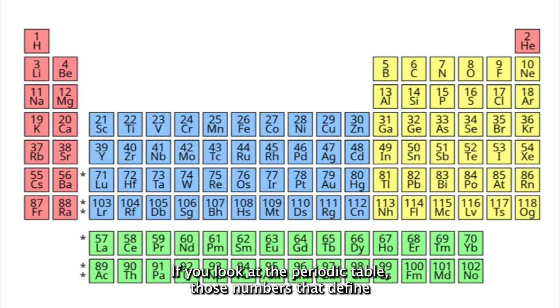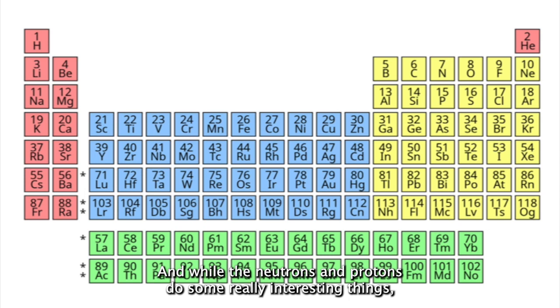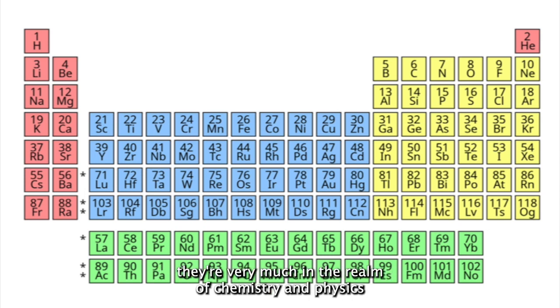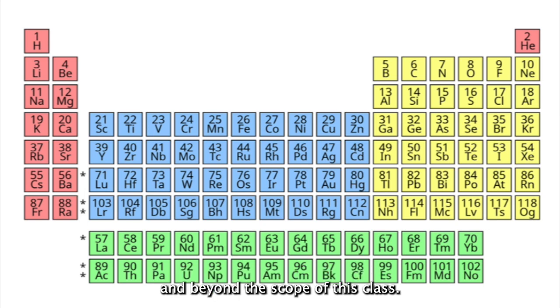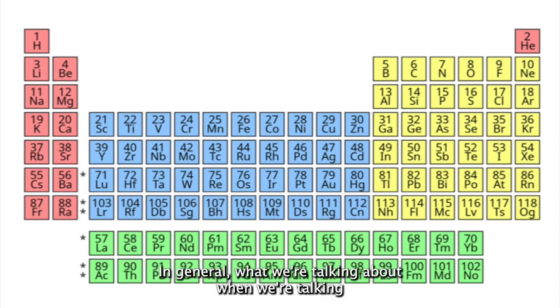The number of protons is what determines what element a given atom actually is. If you look at the periodic table, those numbers that define where an element sits on the table, that's how many protons it has. And while the neutrons and protons do some really interesting things, they're very much in the realm of chemistry and physics and beyond the scope of this class. In general, what we're talking about when we're talking about the chemistry of life are these smaller atoms in the first couple rows of the periodic table.